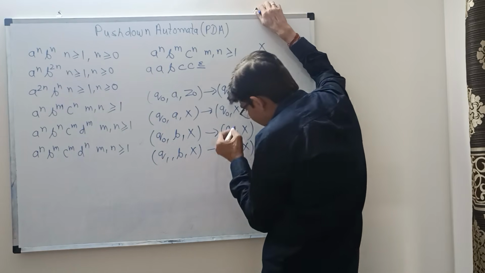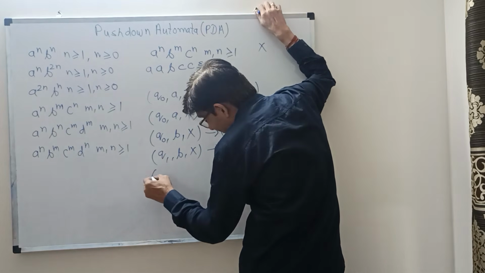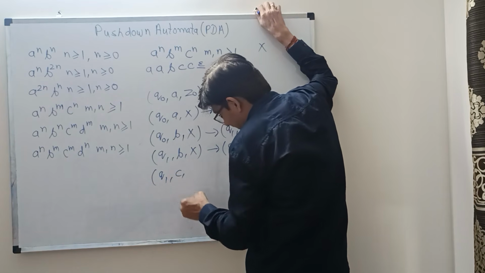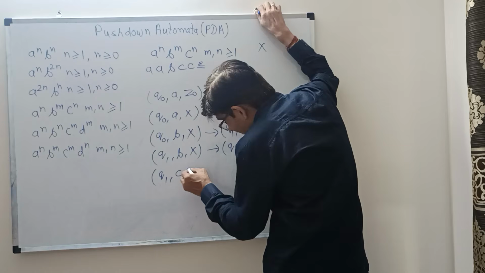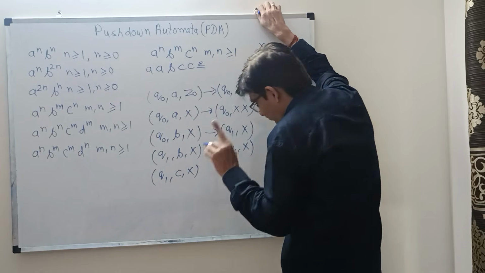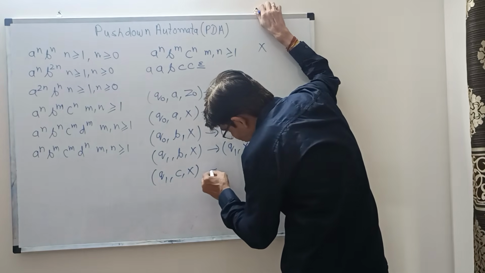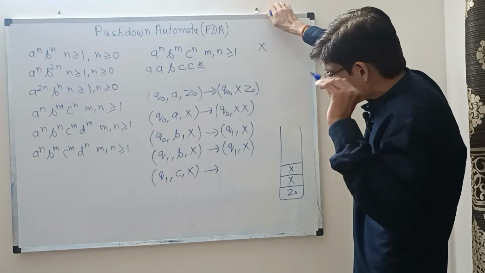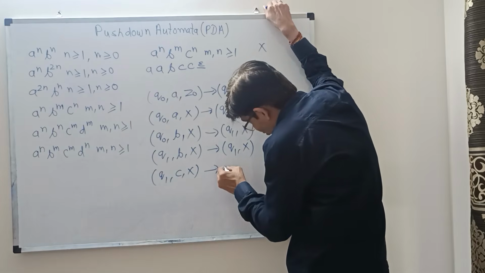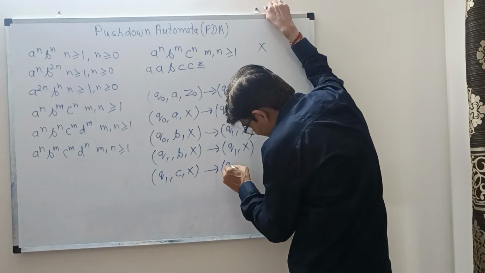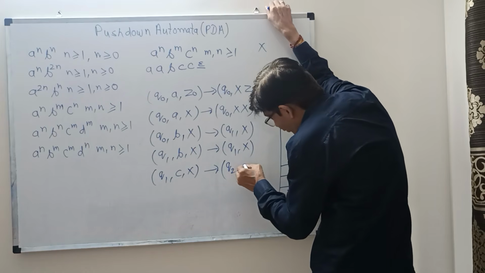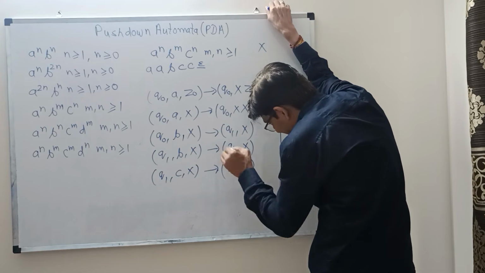Now on Q1 you will read the first C, and at that time X is the stack top for a valid string. For every C you read, you pop one element from the stack. So you change your state to Q2 and pop one element from the stack. After reading the first C, you remove this X. On Q2, you can have another C for a valid string. At that time also, X is the stack top. You can stay in Q2 and pop one element from the stack.